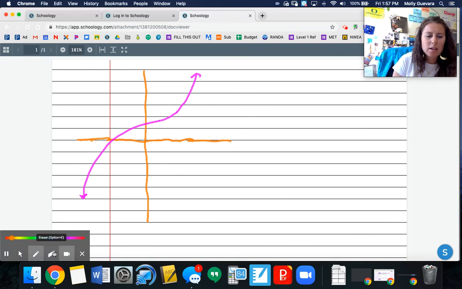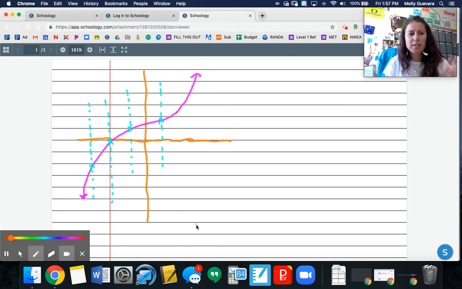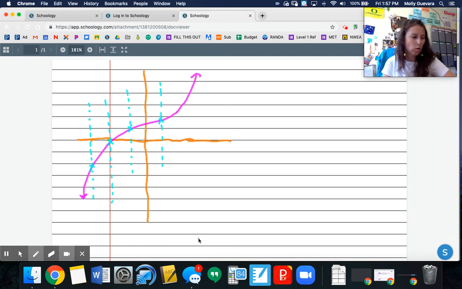Okay, so the question is at any vertical line. So I'm just going to start drawing some vertical lines here, right? So here's a vertical line. That only touches the graph once, right there. Here's another random vertical line. That only touches the graph once, right there. Here's another random vertical line. It only touches the graph once. This vertical line only touches the graph once, right? So on these vertical lines, will any vertical line along this whole graph only touch the graph once?